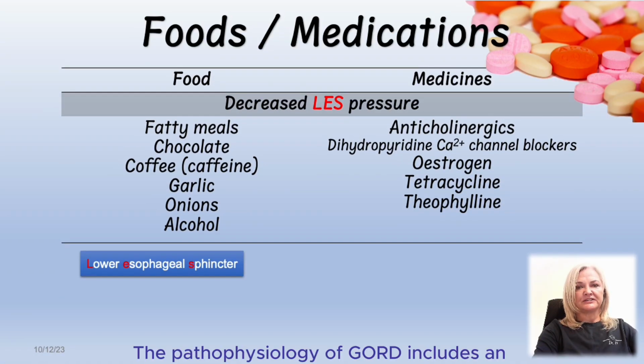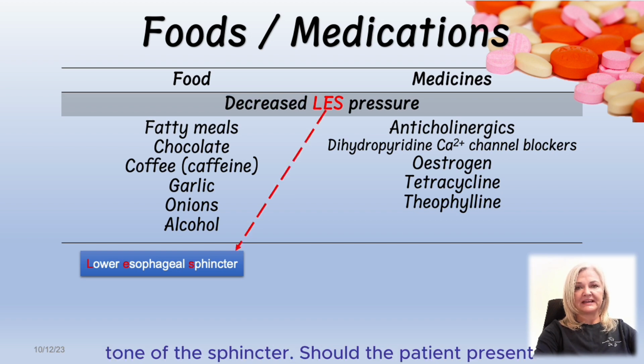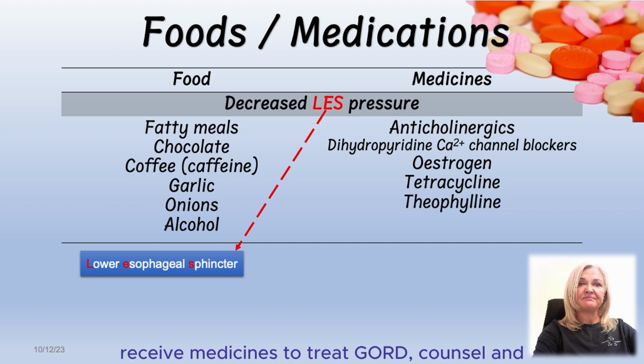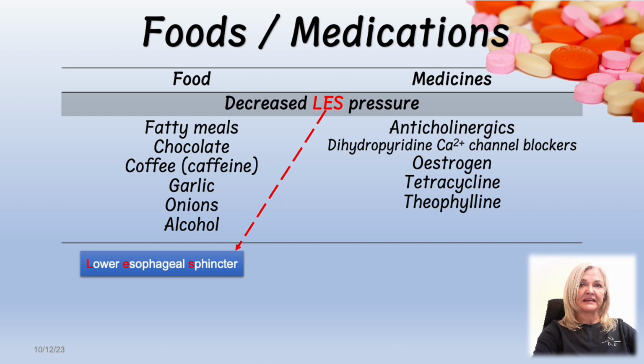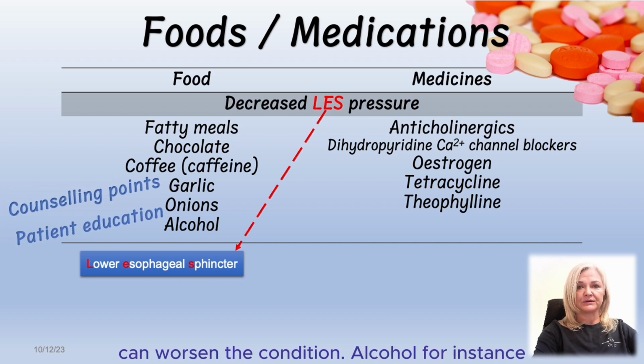The pathophysiology of GORD includes an increased transient relaxation of the lower esophageal sphincter, or a reduced tone of the sphincter. Should the patient present with signs and symptoms of GORD or receive medicines to treat GORD, counsel and educate the patient on the types of food that can worsen the condition.